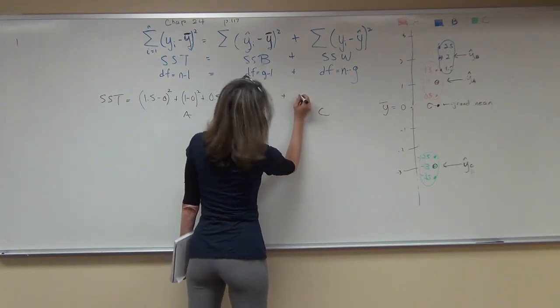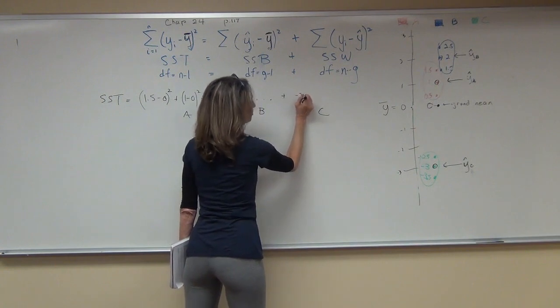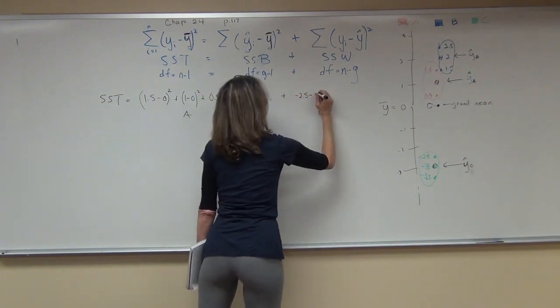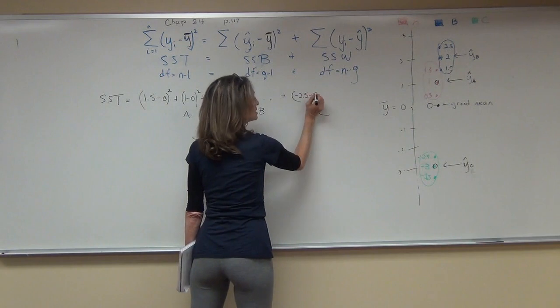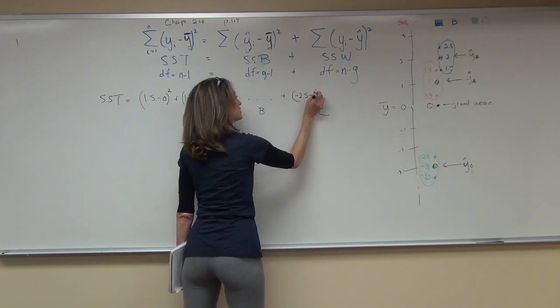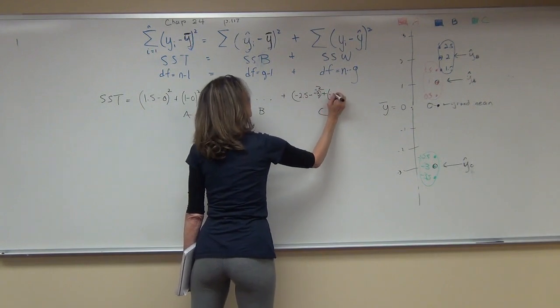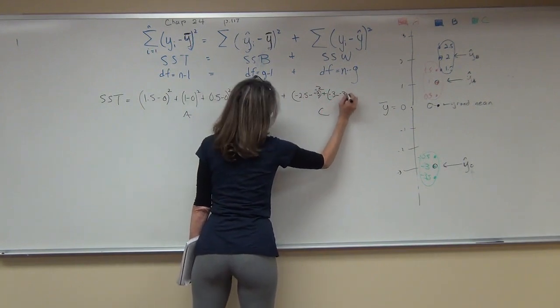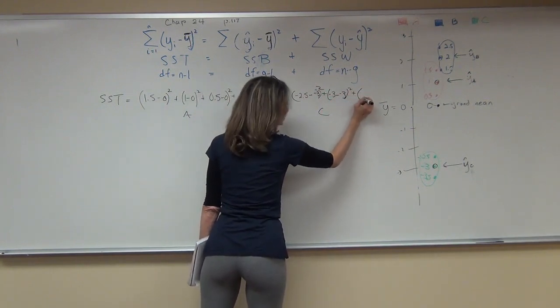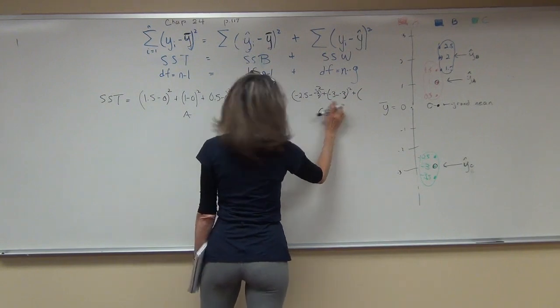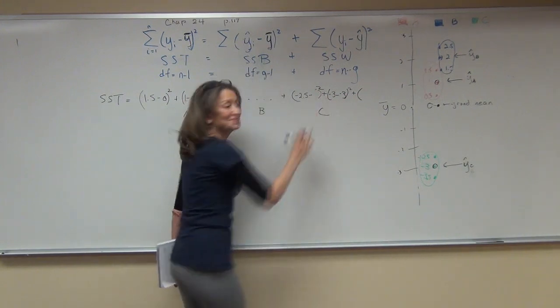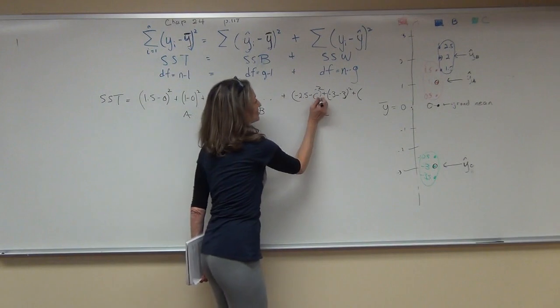So for group C, it would be negative 2.5 minus, oops, what did I do wrong? This is minus 0.